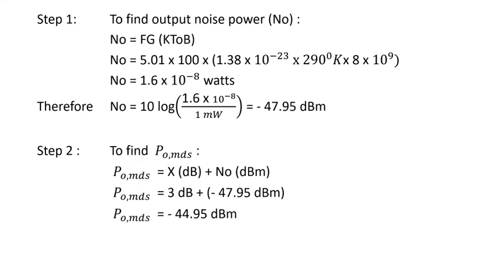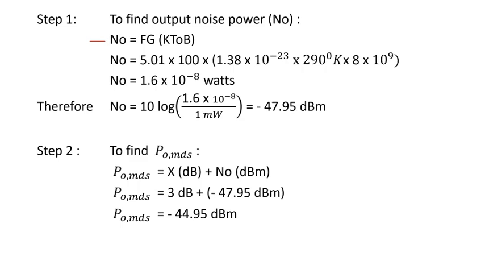Now to calculate the value of dynamic range, we should have the noise power as well as the minimum detectable output power. For the output noise power, we have already derived this equation. The output noise power is equal to F into G multiplied by Ni.